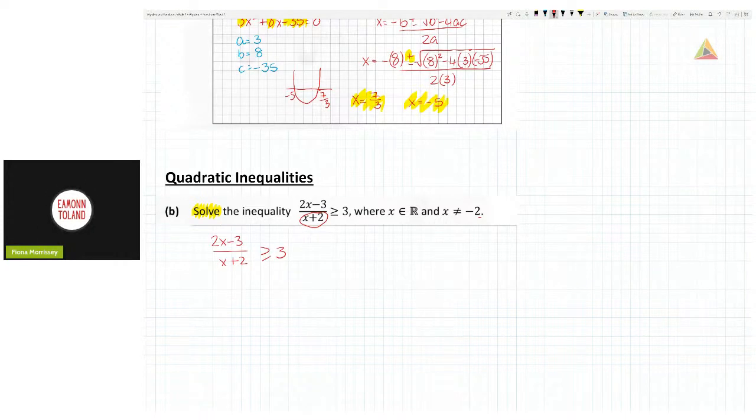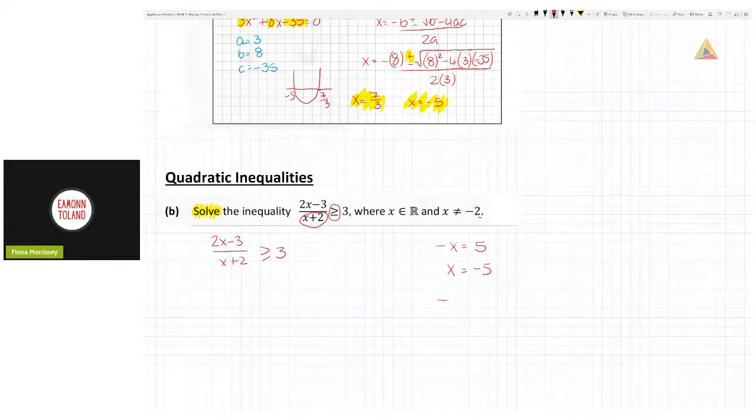When it's an inequality as opposed to an equation, we have an inequality sign there instead of an equals. If that was an equation, if we got minus x is equal to plus 5, if we wanted to solve that equation and find what x was, we would need to change the signs the whole way across. In other words, we would need to multiply across by -1. And that would change the left-hand side to plus x, and it would change the right-hand side to -5. And that's absolutely fine to do when it's an equation.